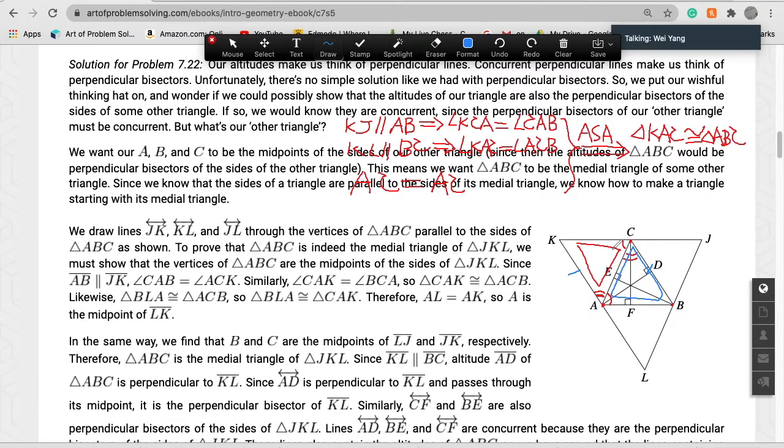This one is opposite this angle, and this one is opposite this angle. They should be equal, right? Then this side should equal this side, right? They share this side. Now let's see how we can prove A is the midpoint of KL.